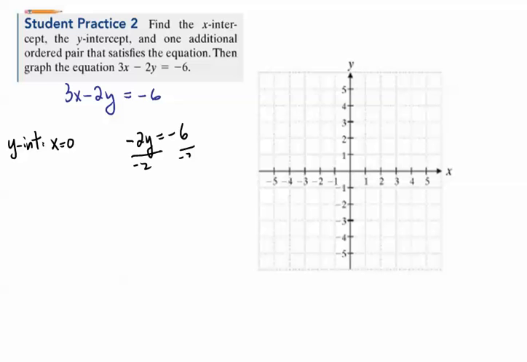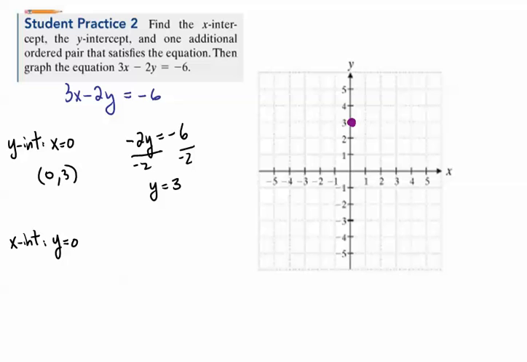Dividing both sides by -2, we get y is equal to +3, and so we have the point x is 0, y is 3, and we can graph that point. That is the y-intercept.